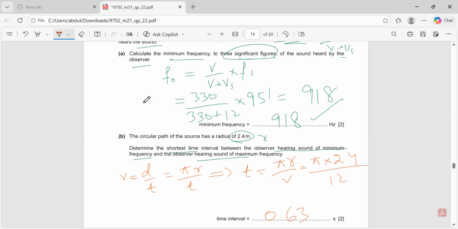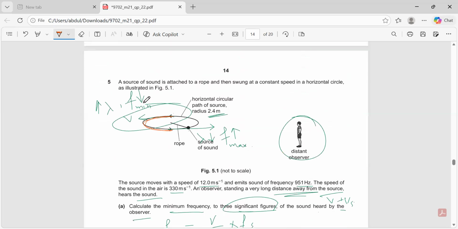This means we have the shortest interval between the observer hearing the sound of minimum frequency and the maximum frequency. That's what I told you already, my dear sons. When it is over here, frequency is minimum. And when it is here, frequency is maximum. So we need to calculate the time taken to travel along the semicircle.